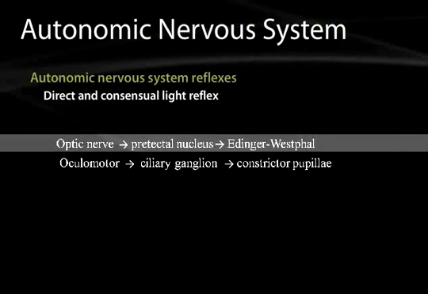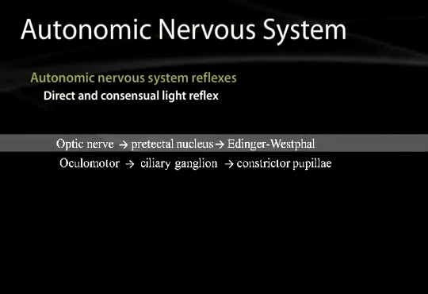The optic nerve will travel back to synapse in the pretectal nucleus. This is located just in front of the roof of the midbrain, or right in front of the four colliculi. After that synapse, information goes bilaterally to the two Edinger-Westphal nuclei.